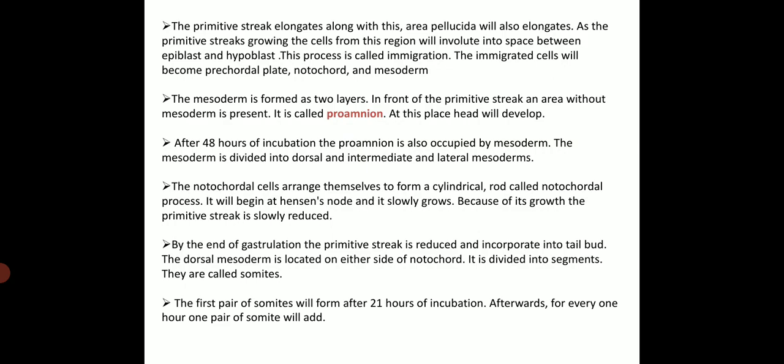The dorsal mesoderm is located on either side of the notochord, and it is segmented; these segments are called somites. The first pair of somites forms at 21 hours of incubation. Afterwards, every one hour, one pair of somites is added.